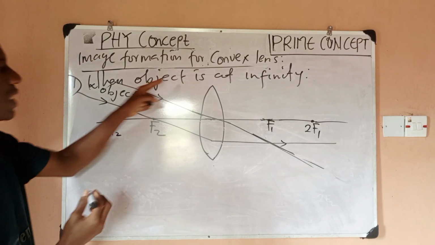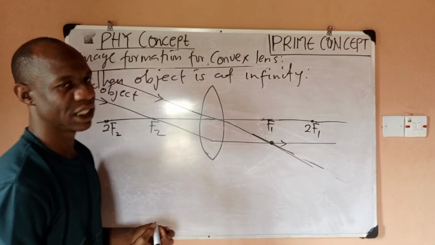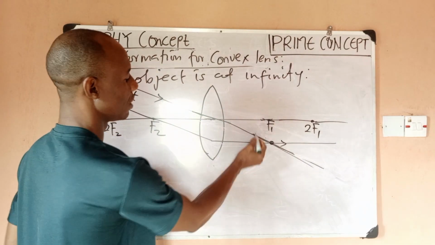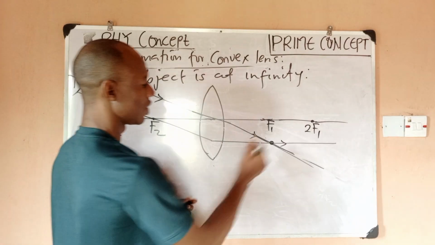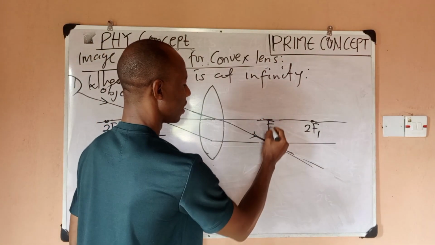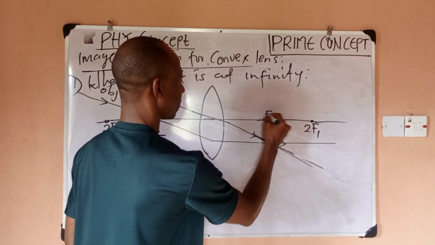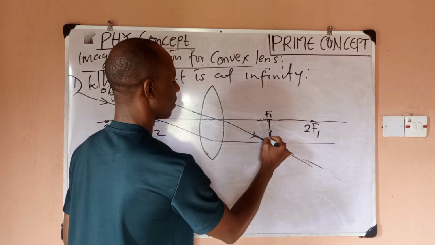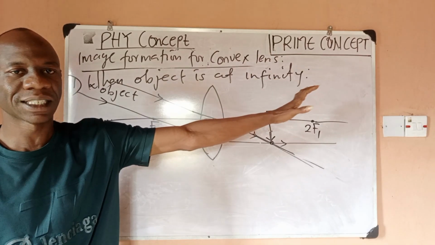And when your object is at infinity, you will notice that where the two refracted rays meet is where our image is going to be formed. So our image is going to be formed at what point now? It's going to be formed at the focal point. Our image is going to be formed at the focal point on the other side, right?